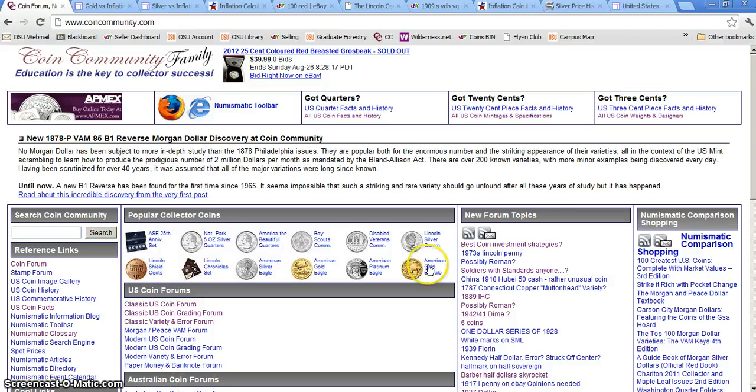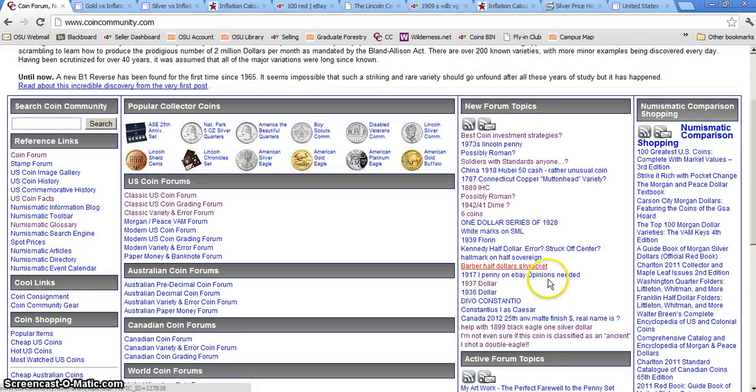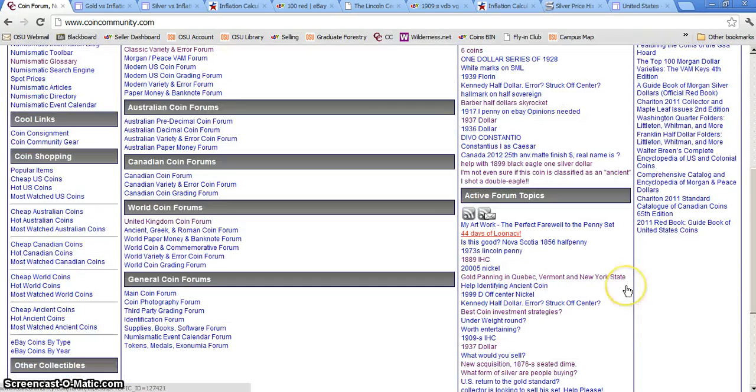Now we can see here we have a question: best coin investment strategies. I see threads like this almost every day. Here's another forum follower who's noticed that barber coinage seems to be commanding a premium over other types.